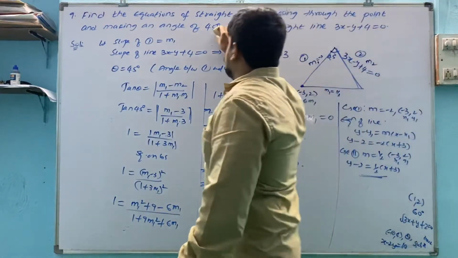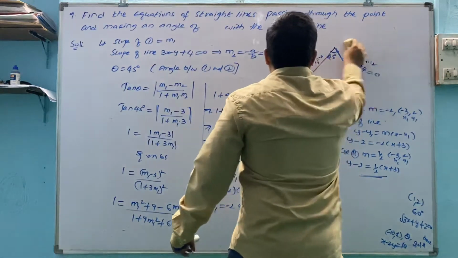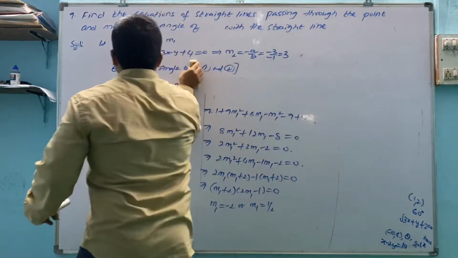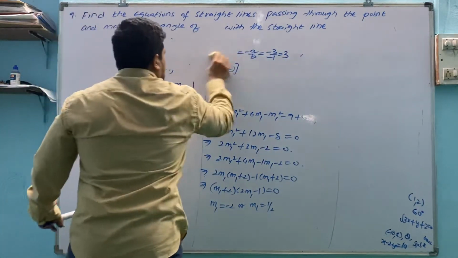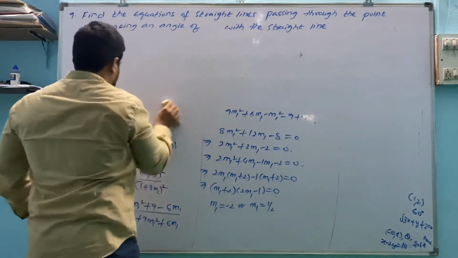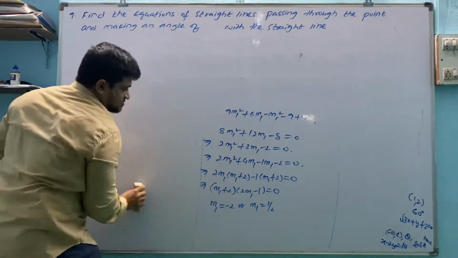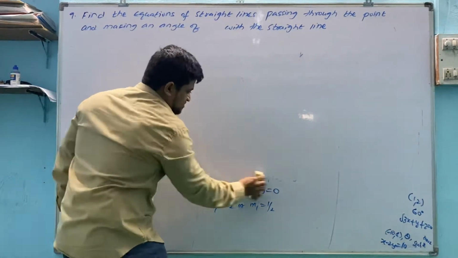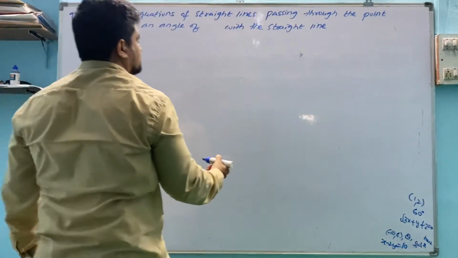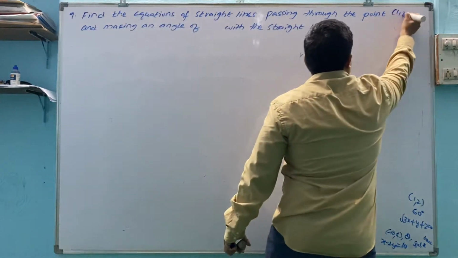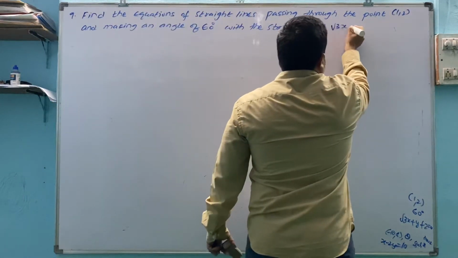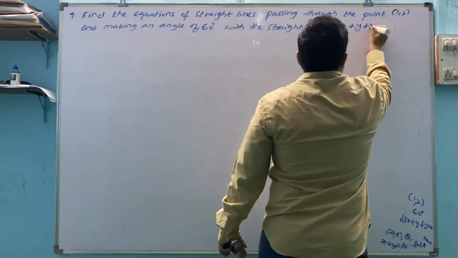Find the equation of the straight line passing through the point (1, 2) and making an angle of 60 degrees with the line root 3x + y + 2 = 0.